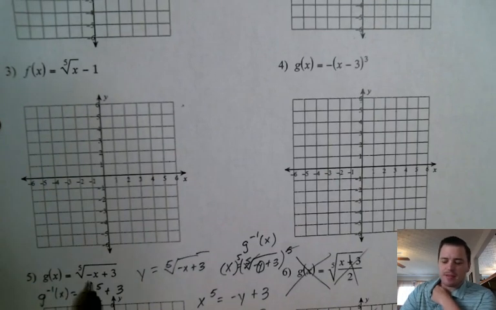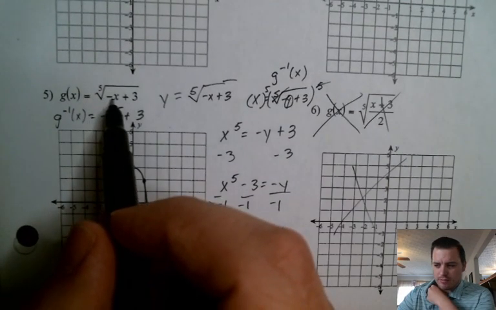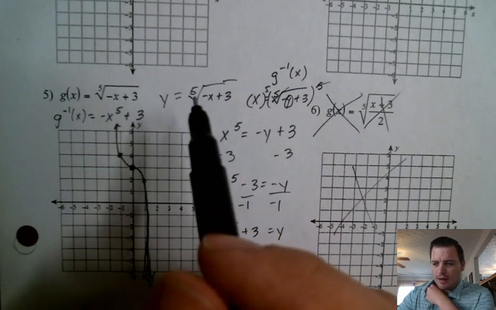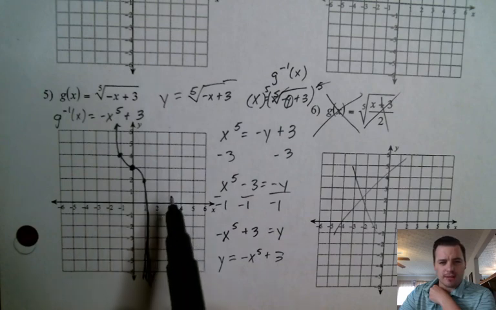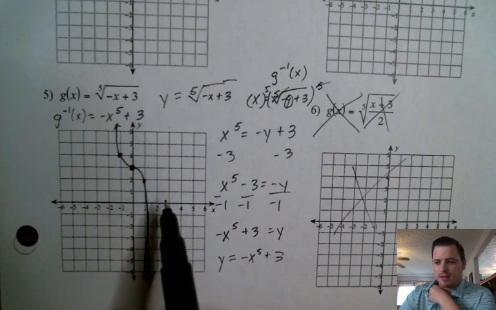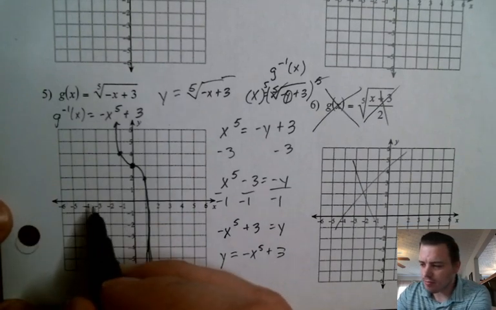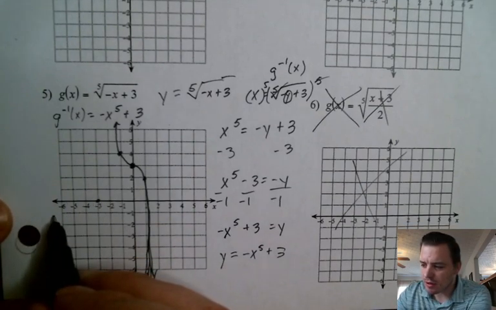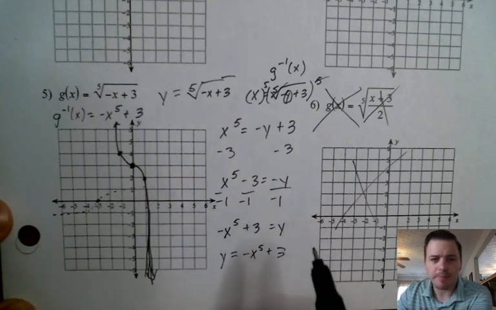But this negative right here kind of changes everything, okay? This negative right here is going to flip it across the y-axis. So normally, I'm going to kind of just makeshift this, like barely draw it, it would normally do this, right?